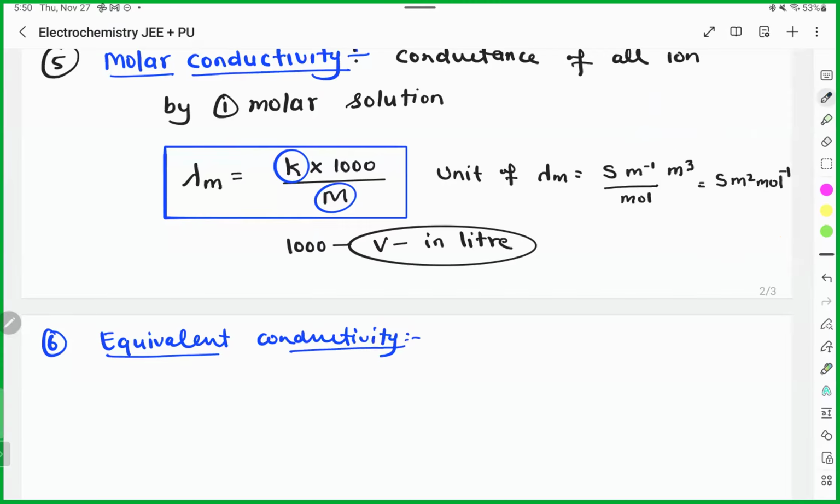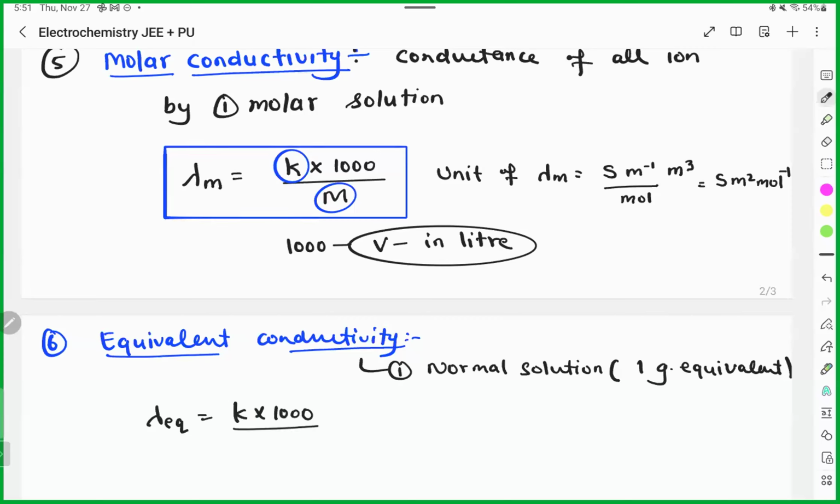Same conductance, but for 1 gram equivalent in a given volume, so for one normal solution. In this one normal solution, you have 1 gram equivalent in 1 liter of volume. Equivalent conductivity will be kappa times 1000 divided by normality. Same thing exactly like the molar conductivity.